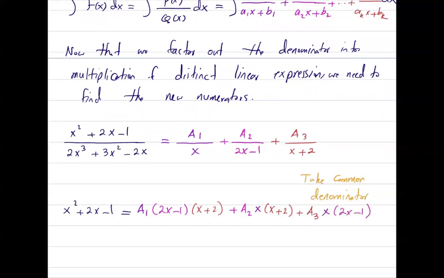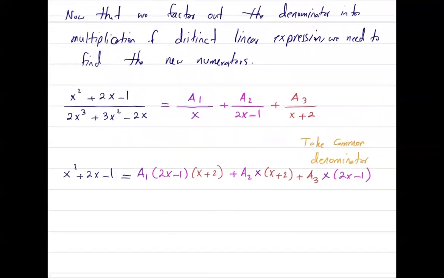Okay, now let us apply the shortcut. In applying the shortcut, we want to get rid of these terms one by one. If you set x equals 0, see what happens. On the left-hand side, you have 0 squared plus 2 times 0 minus 1. And on the right-hand side, you get a1 times negative 1 times 2 plus a2 times 0 times 2 plus a3 times 0 times negative 1.